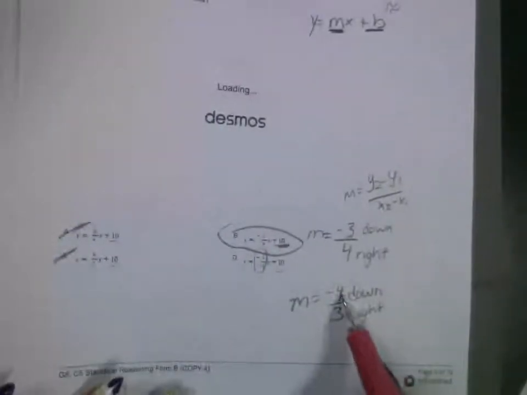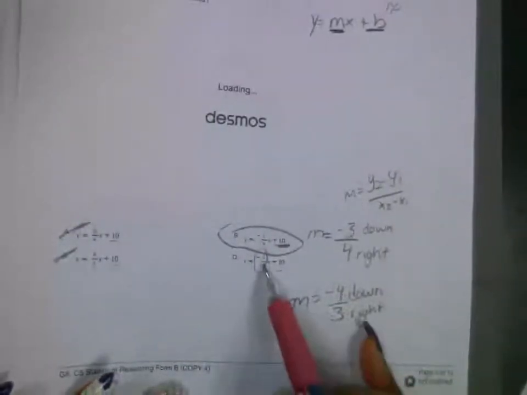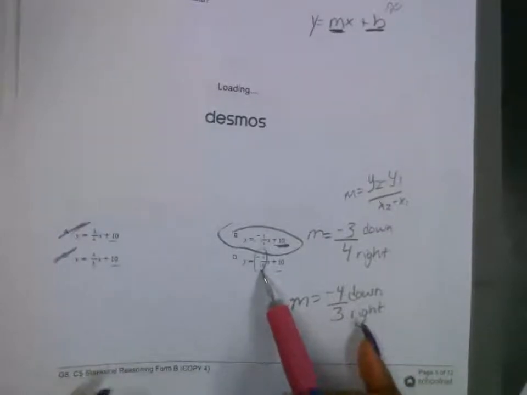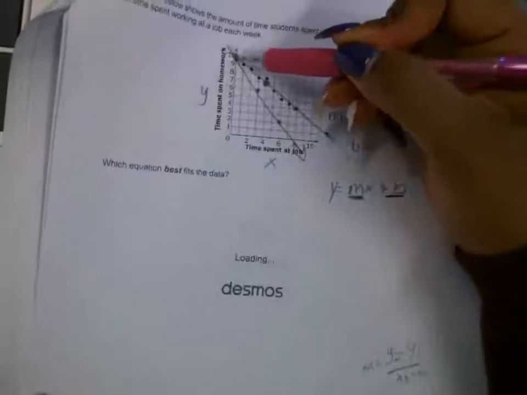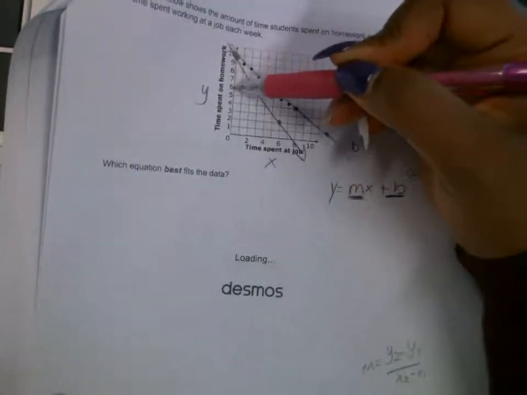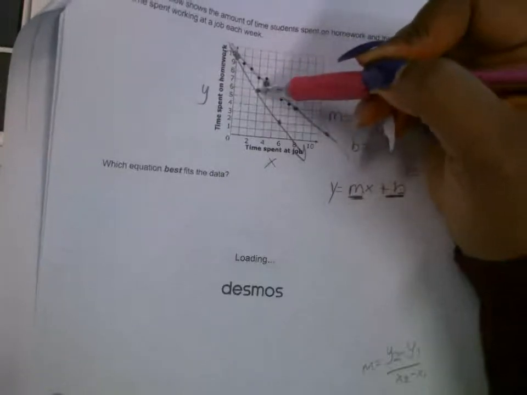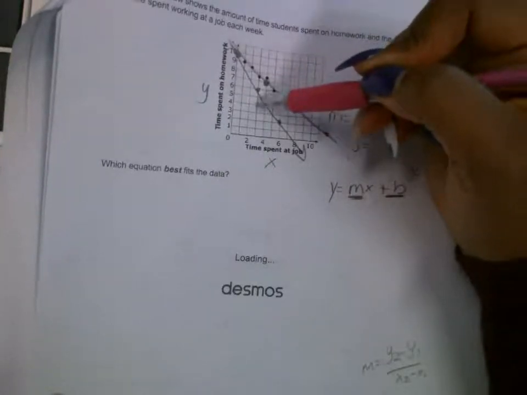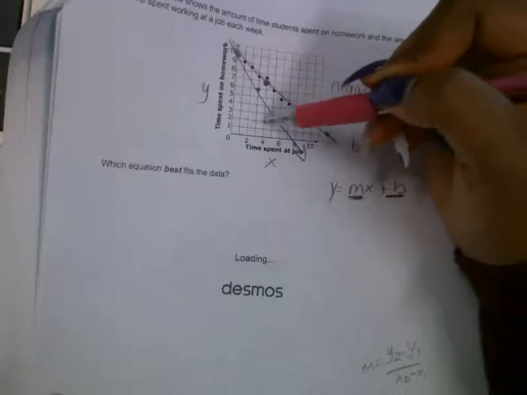So let's do down 4 to the right 3 to check to make sure this is not it. So start at 10 again. Your B is 10. And this time you're going to go down 4, 1, 2, 3, 4. And over 1, 2, 3. Again down 4, over 3. And when you draw your line, this line is the better line than this one. Okay.